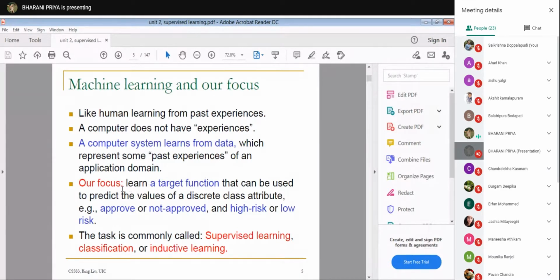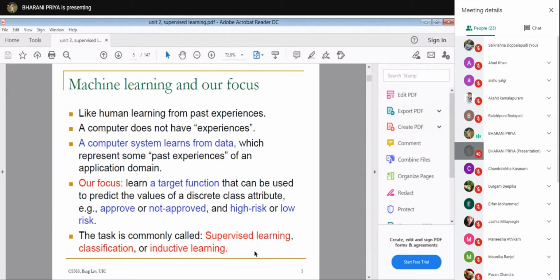Our focus is to make the machine learn, and the system has to make predictions based on what it has learned from the previous data.